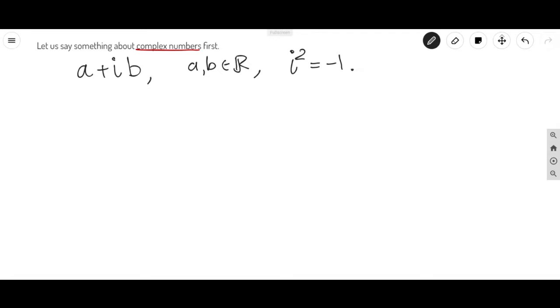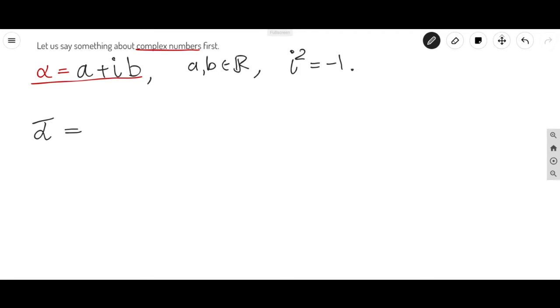So what we need to know about complex numbers is, if we give this a name, let's call this alpha. Let's suppose alpha represents the complex number. Then there's something called the conjugate of alpha. That's when you put a bar around it.